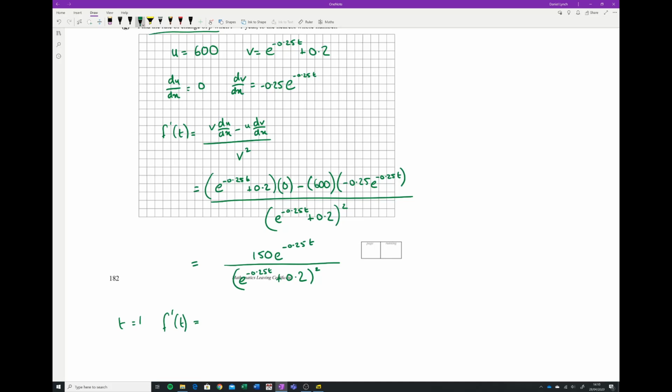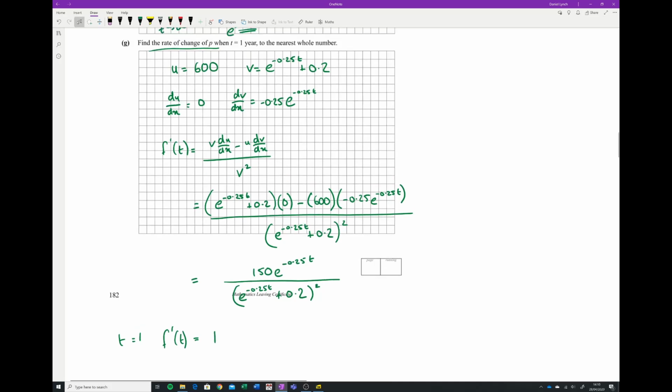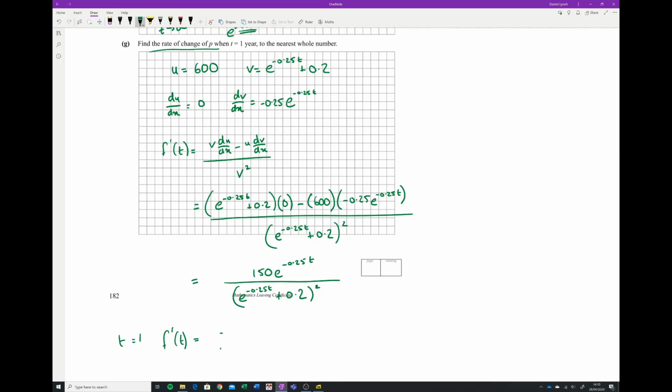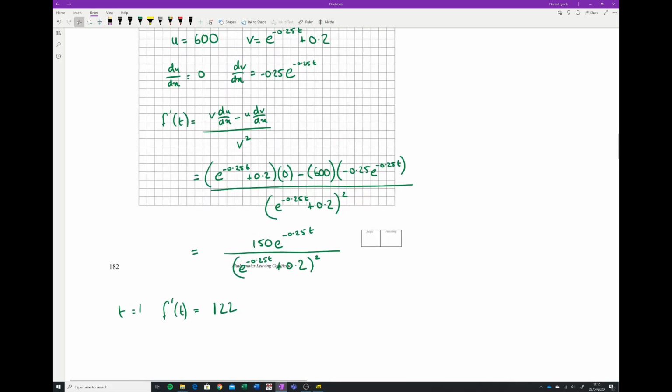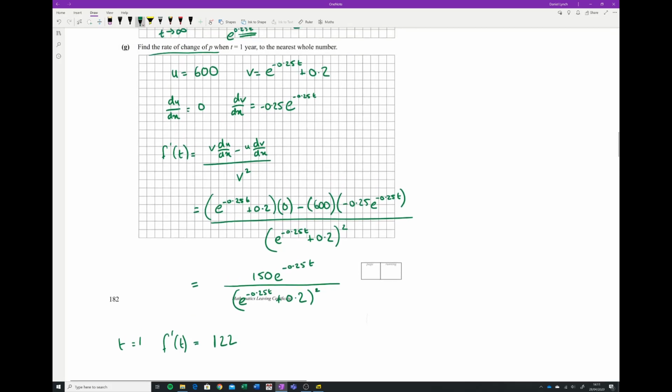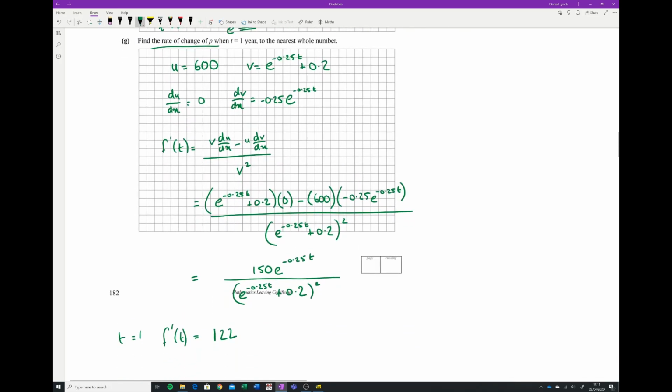So this to me comes out to be, did they say nearest whole number? They did. 122. I don't know what happened to my computer there. Okay, that is what the rate of change is. Now, what does that mean? If they ask you what that means in the context of this question, that means that after 1 year, the rate of change is such that when you move over 1, you're going up, it's rise over run.